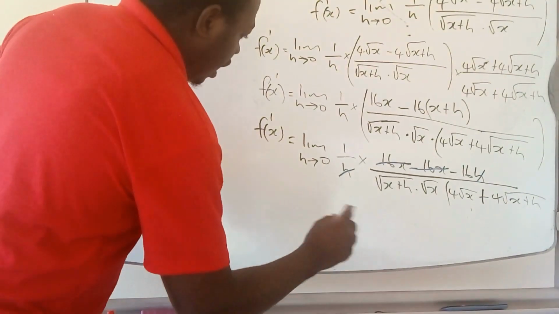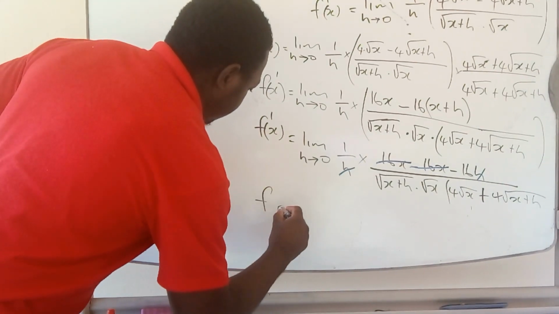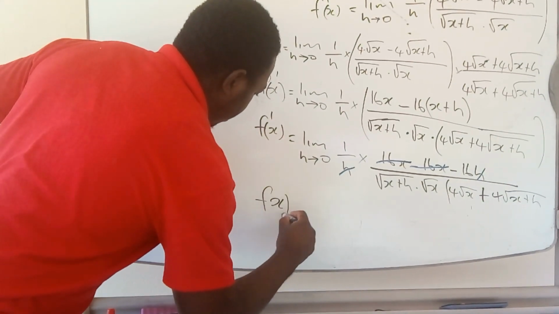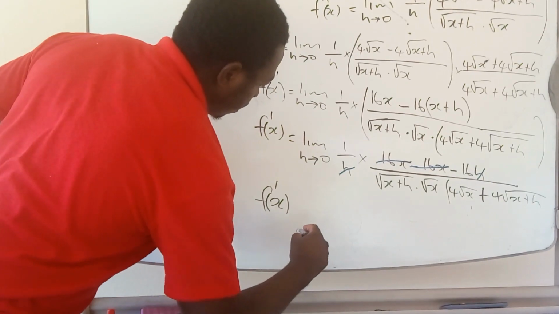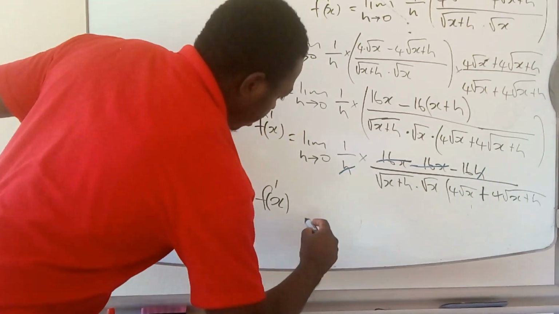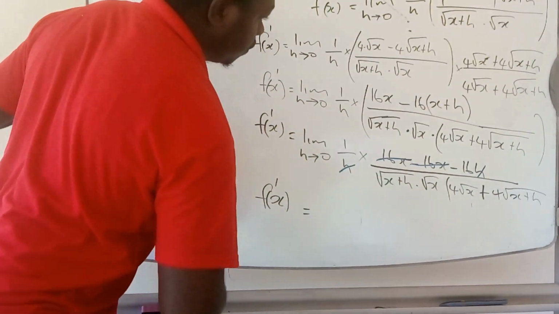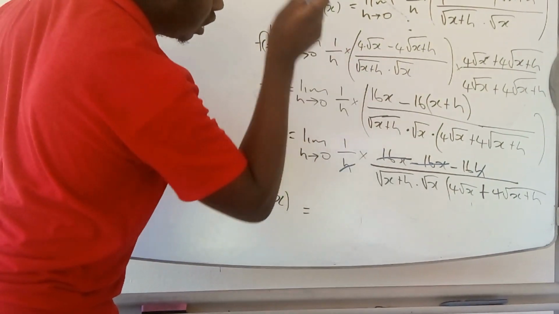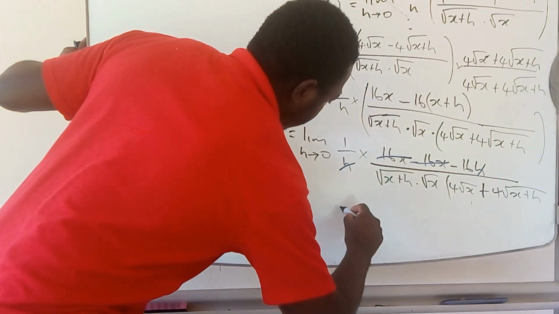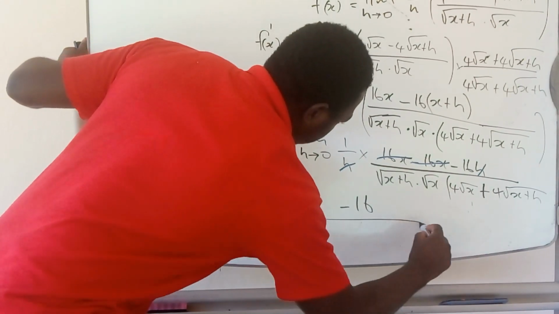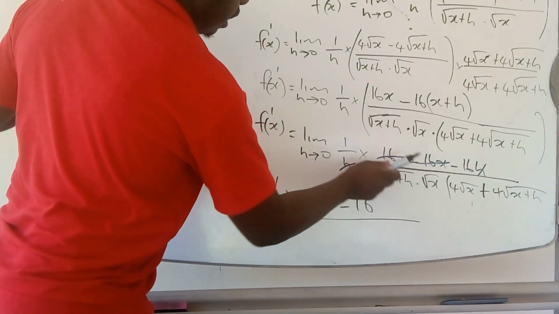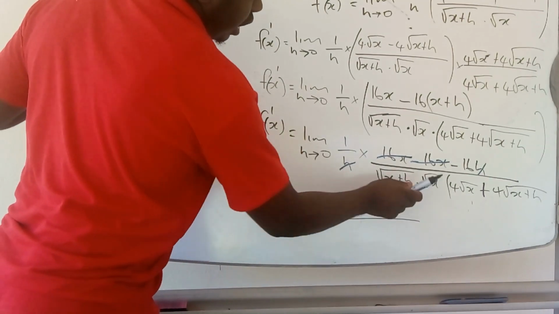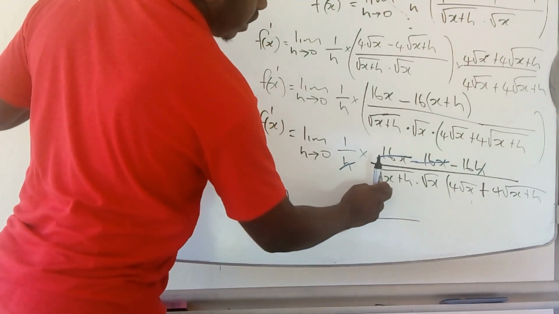So now, what we are left with, the derivative of f of x, is equal to, now we're just going to substitute 0 for h into the function. In the numerator we're left with minus 16 all over, if you put 0 where h is, all you're left with in this term is just root x.